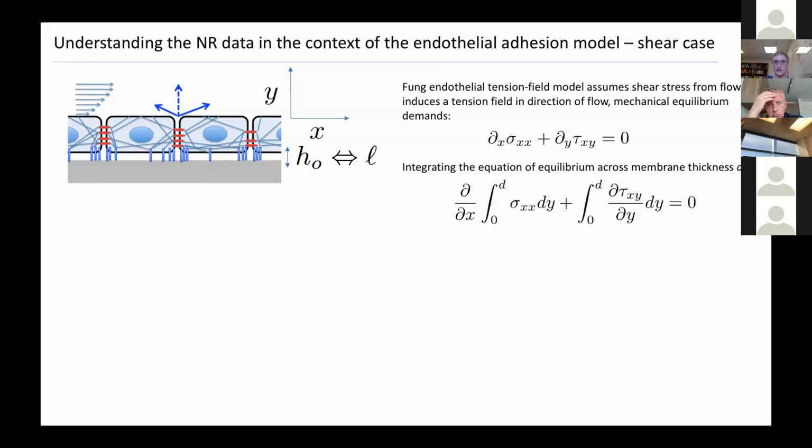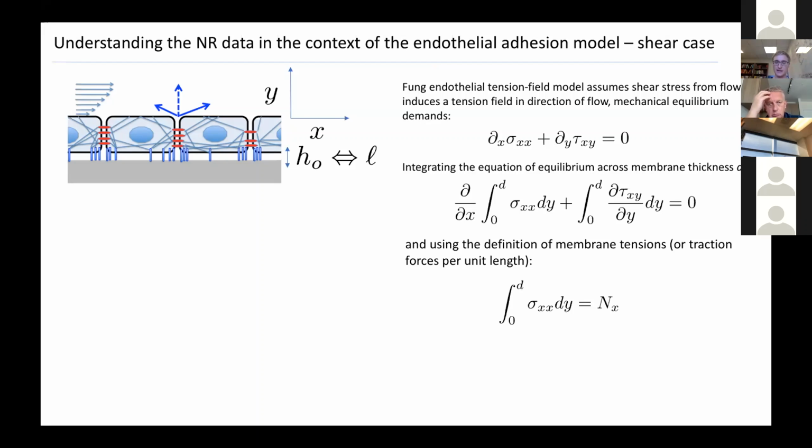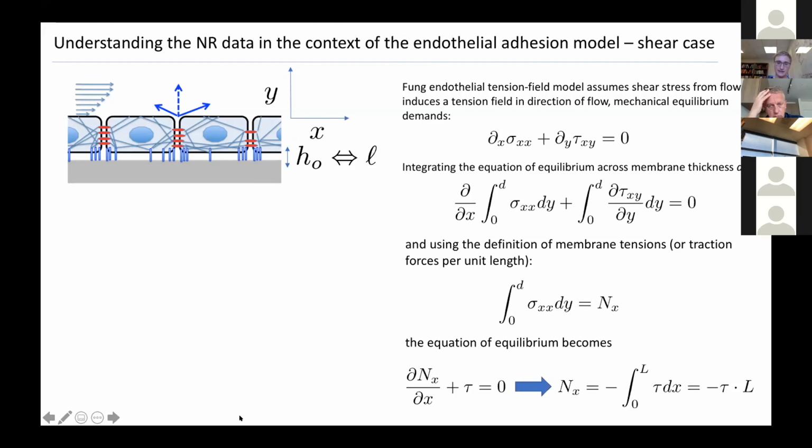You can integrate across the thickness, and in the end, what you come up with is that the tension you're imposing along the direction parallel to the cell monolayer will translate to a shear stress that will be proportional to some length in the system.